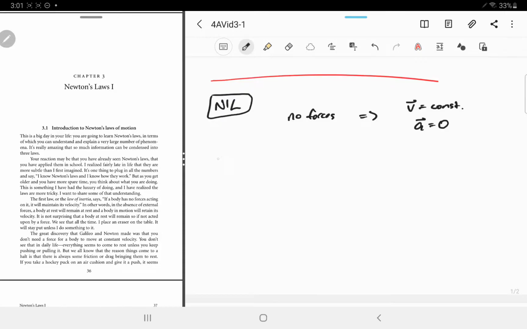Already we're using this word force, and your intuitive idea of what a force is is probably fine for now. A force is a push or a pull on an object. Force is a vector.